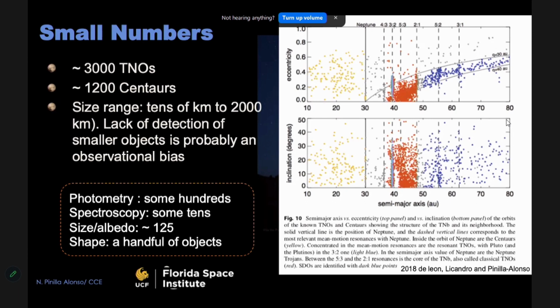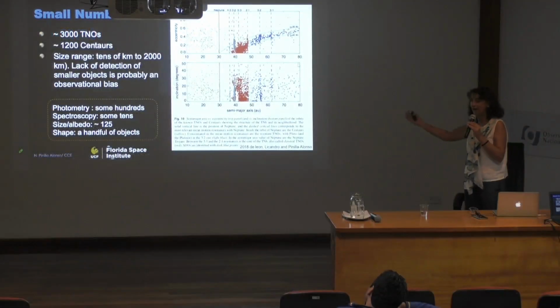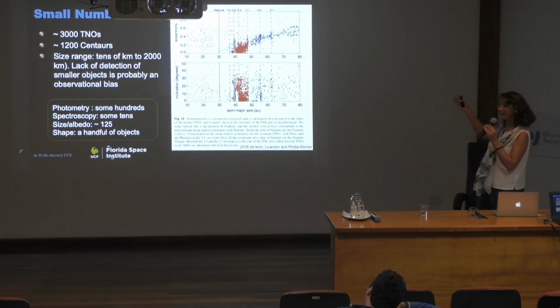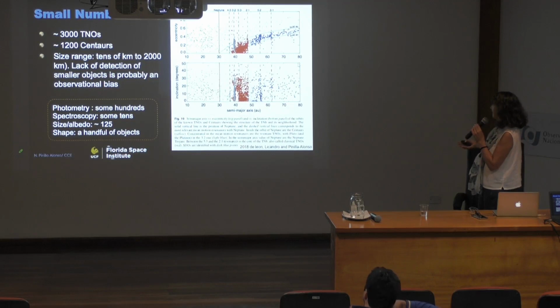And then there are a number of excited populations: the resonant ones in these dashed lines, the scattering objects and the detached objects. The difference between scattering and detached is that the scattering are still under the influence of the giant planets, of Neptune, and they are being scattered out or up, and the detached are already out of this influence, but they have been really excited.